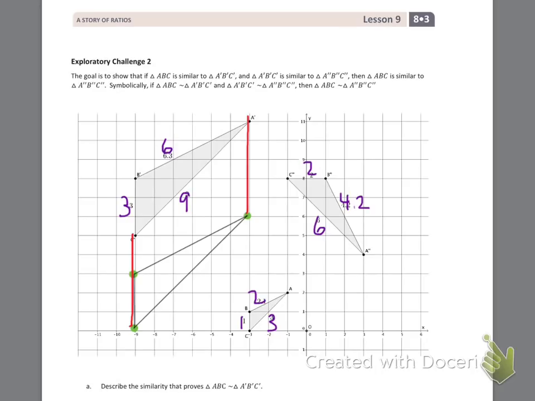So I dilated with a scale factor of 3 and translated the new triangle 5 units up. Okay, so that's how you should have described the similarity that proves ABC similar to A prime, B prime, C prime. So now I'm going to show you how you would have done part B to show A prime, B prime, C prime similar to A double prime, B double prime, C double prime.